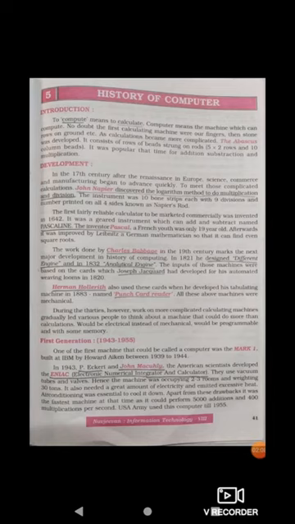Before the machine was introduced, we humans in ancient times used our fingers to calculate. Then stones were used. Later on, we also started writing on the walls with the help of a marker or something that can be identified easily on the wall. We started counting in that pattern.